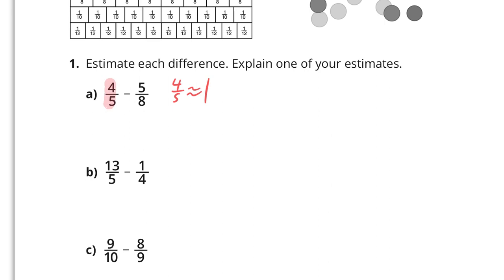Okay, we've got 4/5 and we've got 5/8. 5/8 is fairly close to just over half, right? It's fairly close to a half. So if we change this to 1 minus a half, right, then we're going to have 1/2. So this can be our estimate.